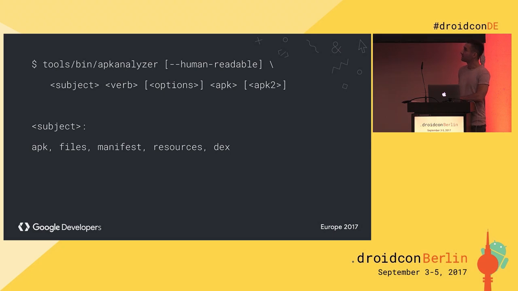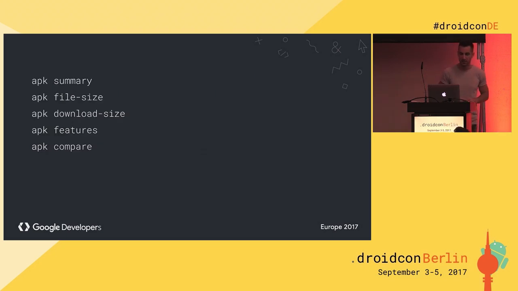So this is the basic syntax. You specify a subject, a verb. The subjects can be APK, so you can analyze some information about the APK itself, about the files inside, about the manifest, resources, index. And let me quickly walk you through what you can do with the APK Analyzer.